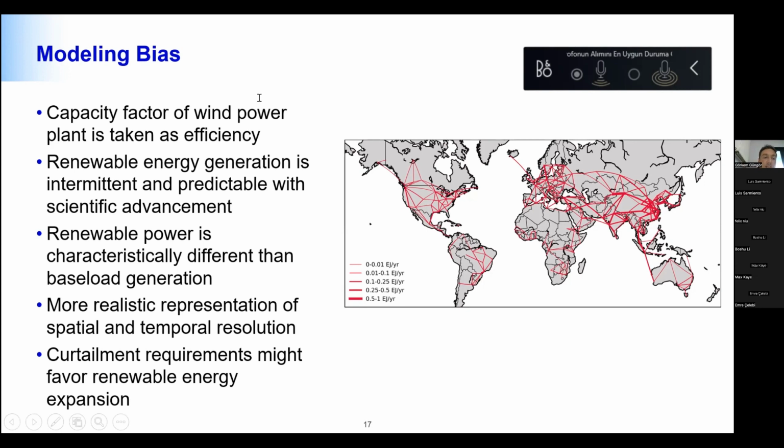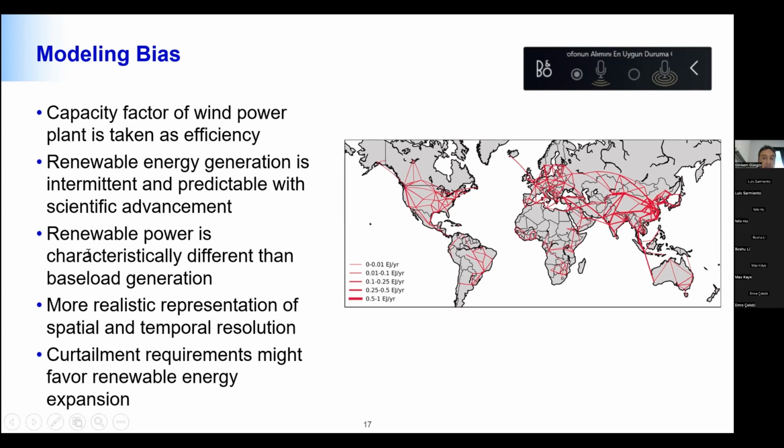Actually, renewable energy is characteristically different than baseload generation. We have an unlimited input of energy in renewable energy sources of wind and solar power.